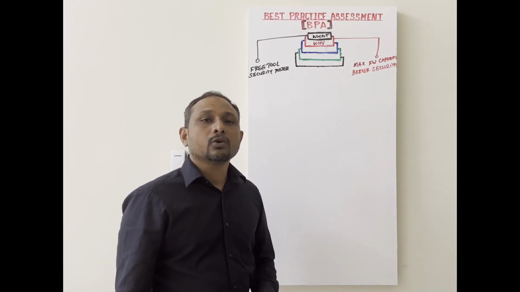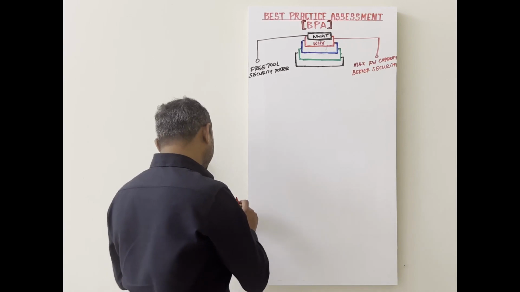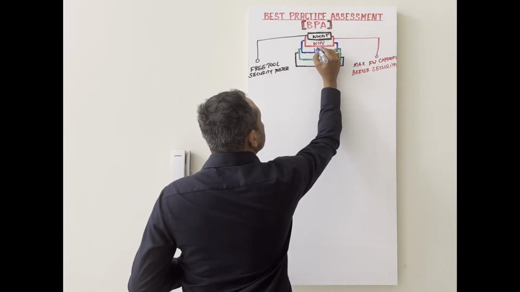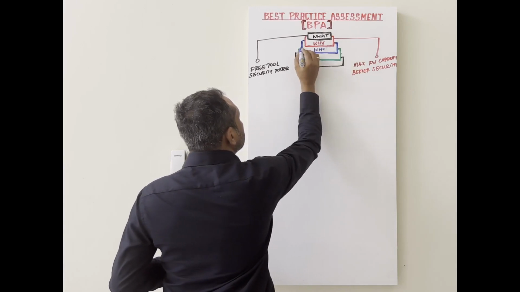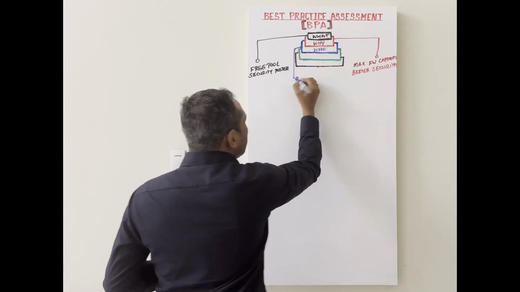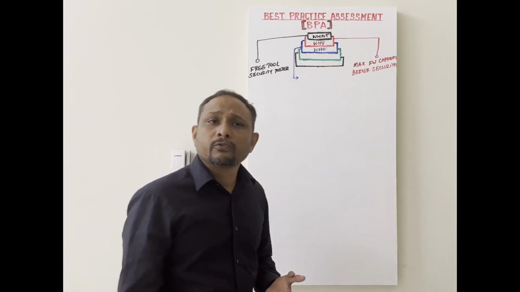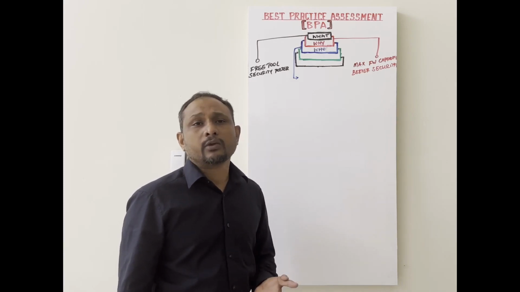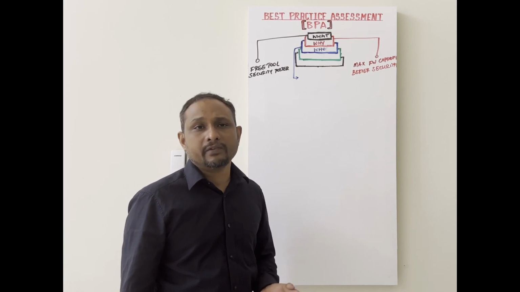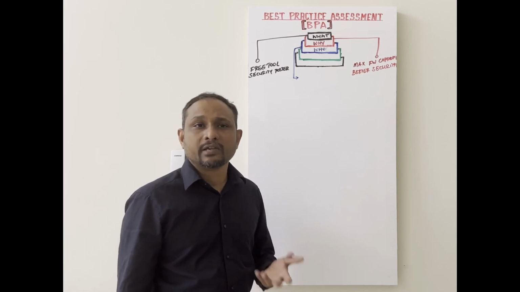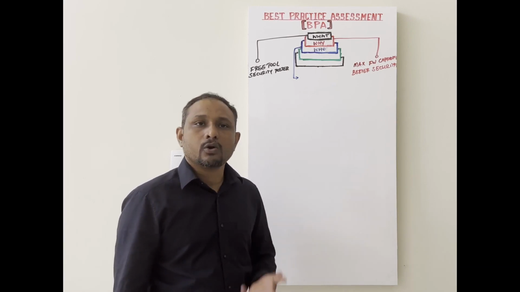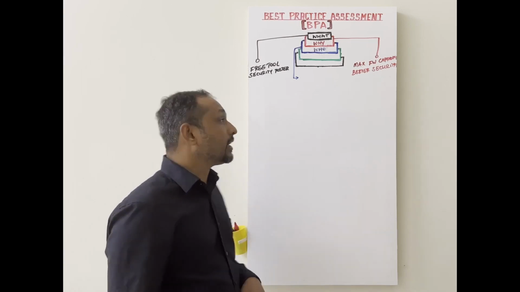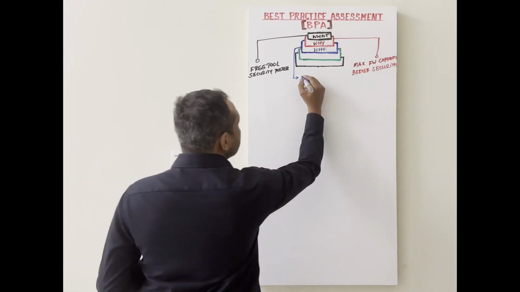Now let's see who needs BPA. As we all know, BPA is required for the security and network admins. It's not possible for security and network admins to inspect each and every rule and profile to identify security gaps. And it's also not possible to identify the security gap if they are handling a large volume of firewall devices.